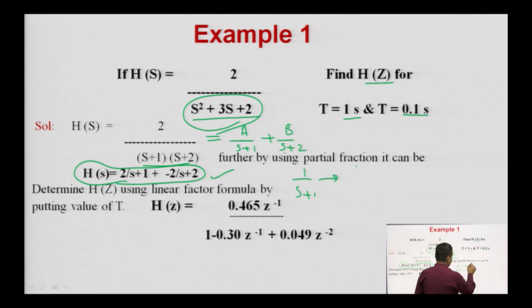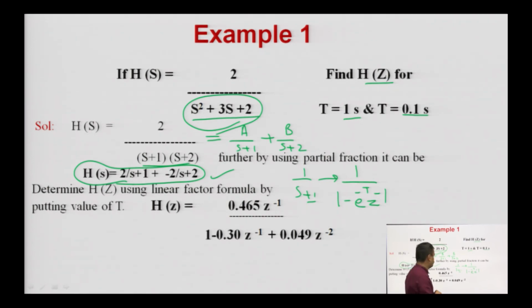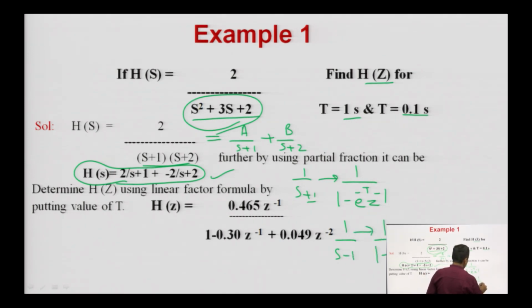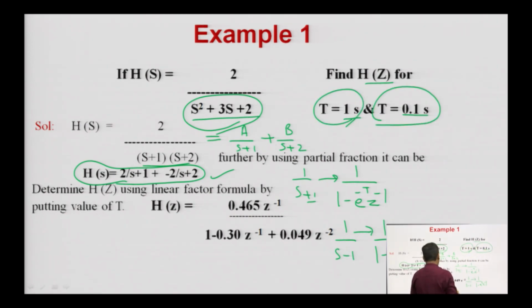So, it will be converted into 1 upon 1 minus e to the power p_i T. It means p_i here is minus 1. So, minus T, z to the power minus 1, directly you can put here. Okay. Similarly, if it is 1 upon s minus 1, it will be converted into 1 upon 1 minus e to the power T z to the power minus 1, and you have to put the value of T, because T is given here. If T is equal to 1 second, you can calculate the value, and you will get the final expression for this.